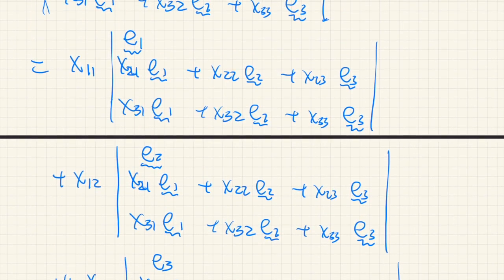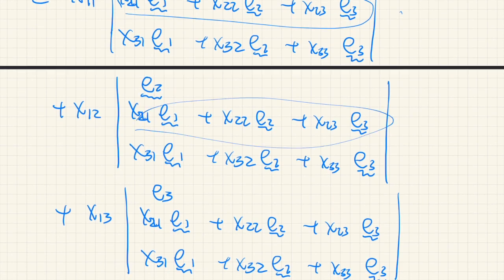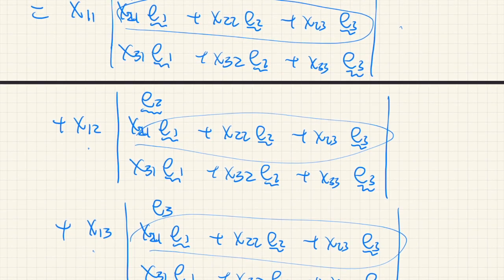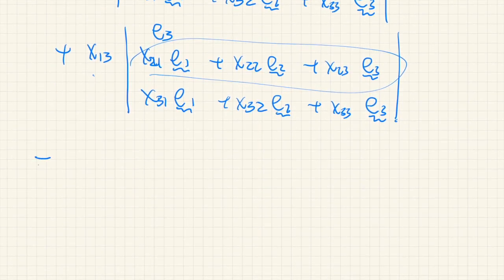We can apply the same thing to the second row of the first term, the second row of the second term, and the second row of the third term. Then after that, we do the same thing for the third row. In the end, what we obtain is something like this.